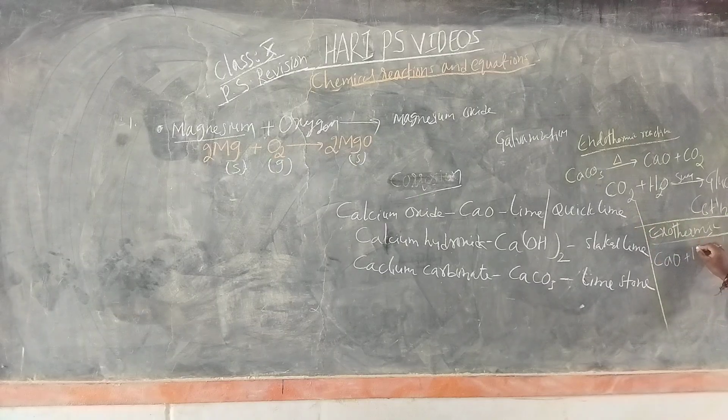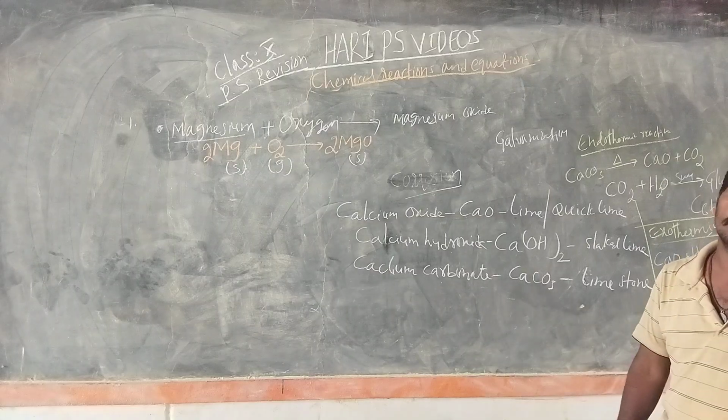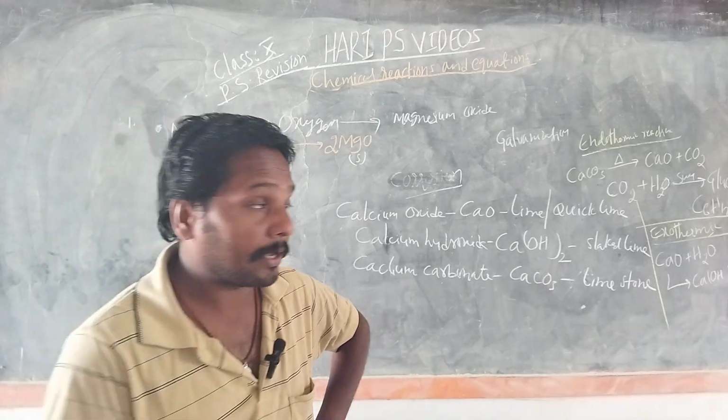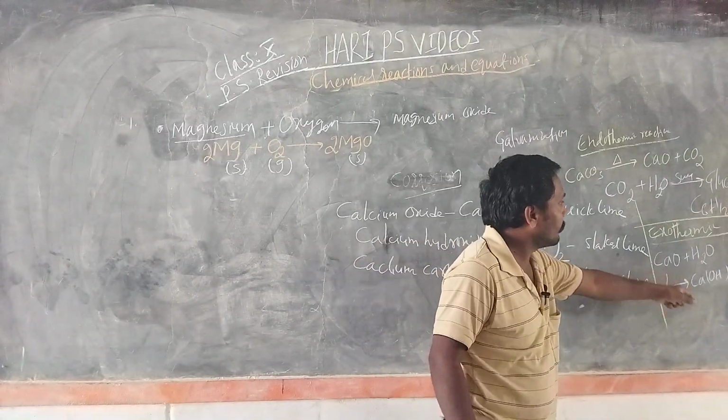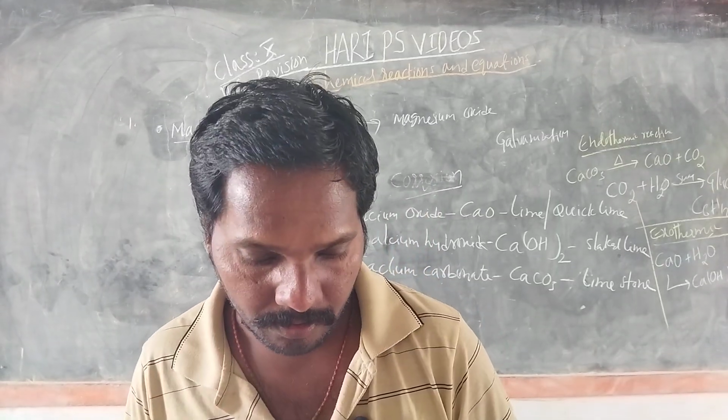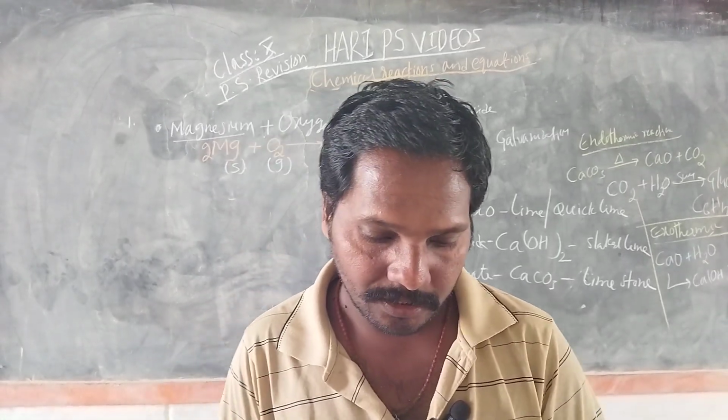When we add water to lime or quicklime, calcium oxide, it gives calcium hydroxide, nothing but slaked lime, and also liberates heat energy. So that's why it is an example of an exothermic reaction.